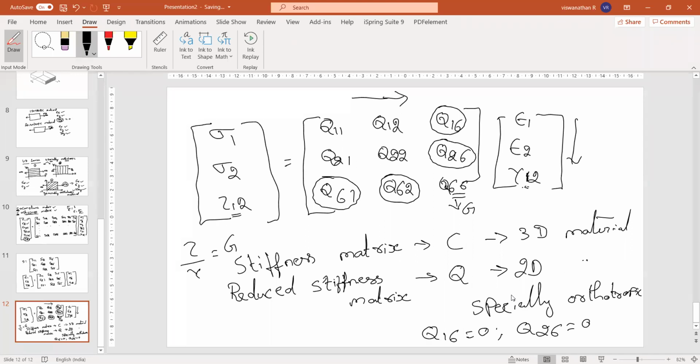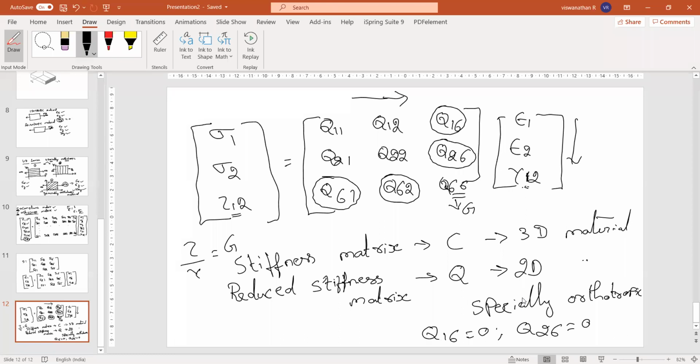But if it's generally orthotropic, what do you mean by generally orthotropic material? Shear strain is included. What is the meaning of generally orthotropic? The fiber direction is at an angle to the applied stress. Not at 0 degree or 90 degree, some other angle.